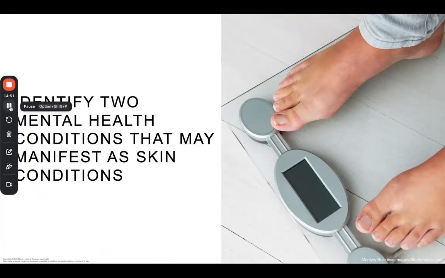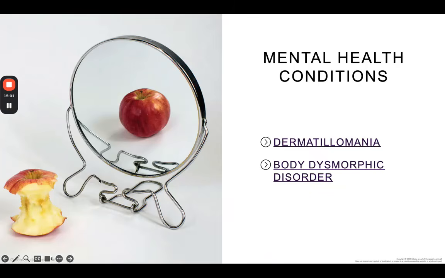All right, objective 11, identify 2 mental health conditions that may manifest as skin conditions. All right, so the first one is dermatillomania, and it is a form of obsessive compulsive disorder, or OCD, in which a person picks at their skin to the point of injury, infection, or scarring.